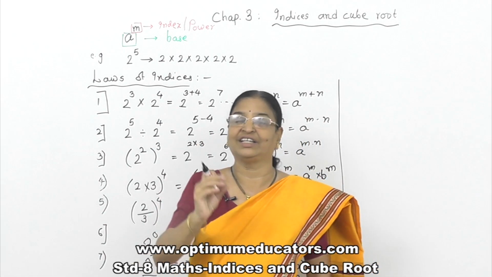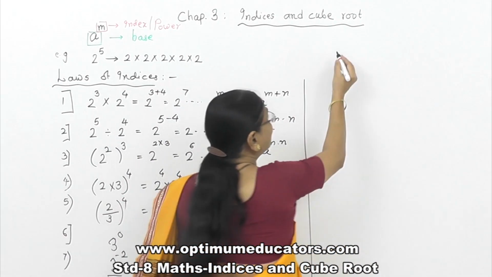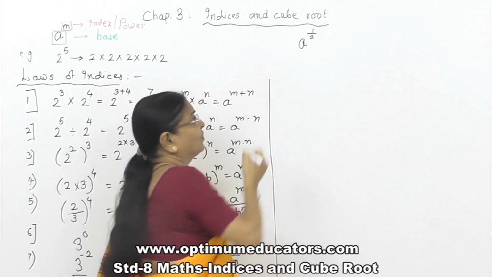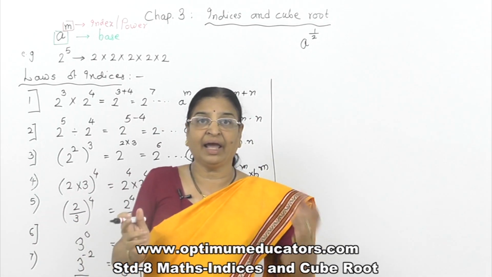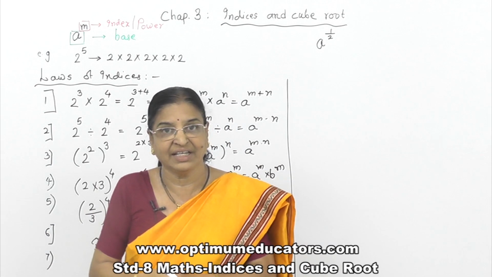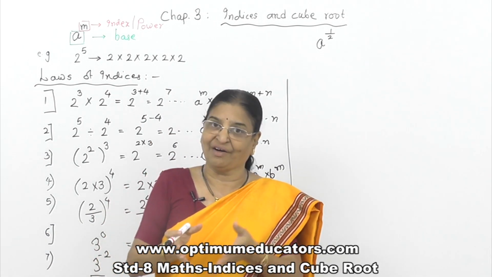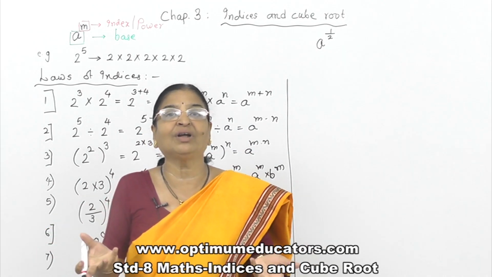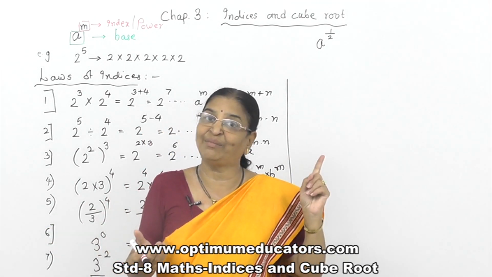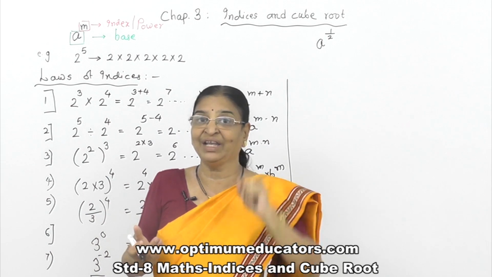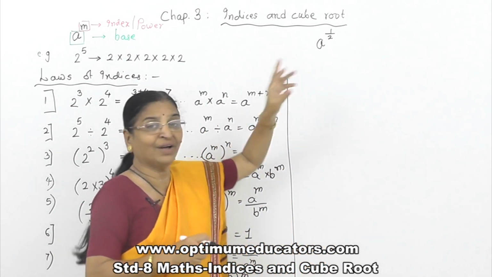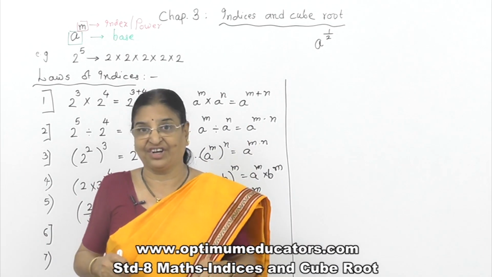Suppose I write a raised to half. Now I know that a should be written half times. Can you count half time? I can say one time, two times, that is okay. But what about half time? Then there must be some other meaning of this. Okay? So we have to learn the meaning of an index with a fraction.